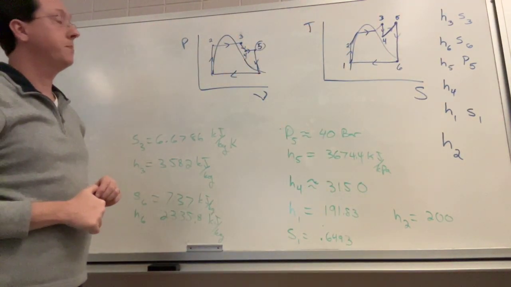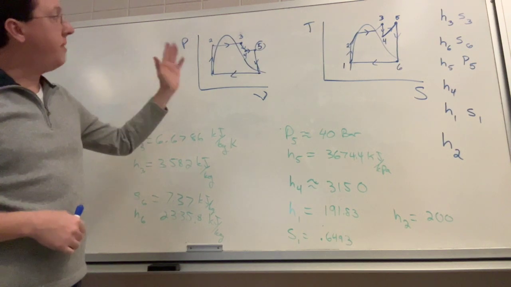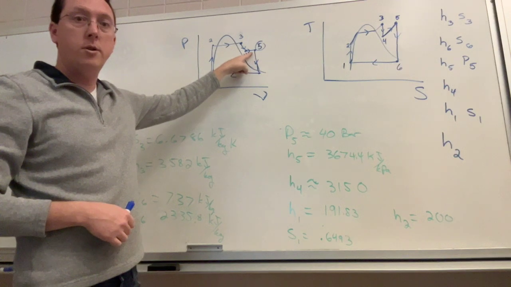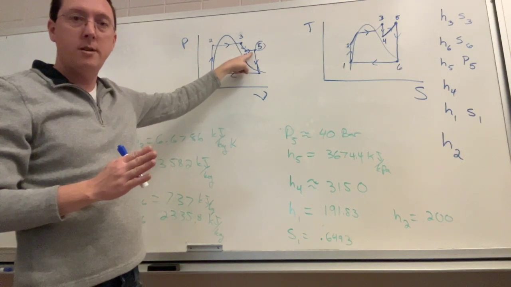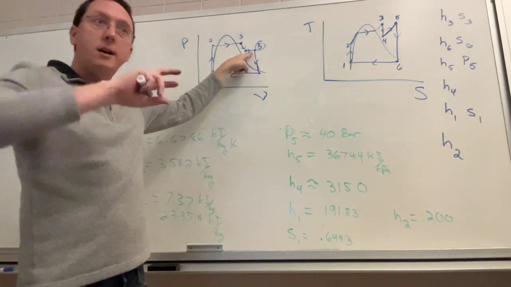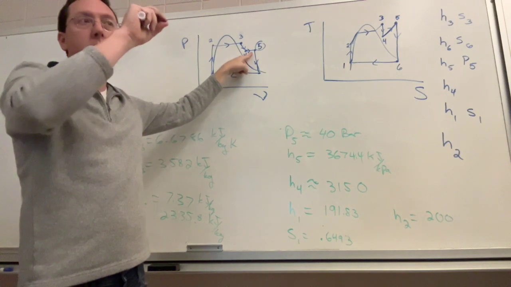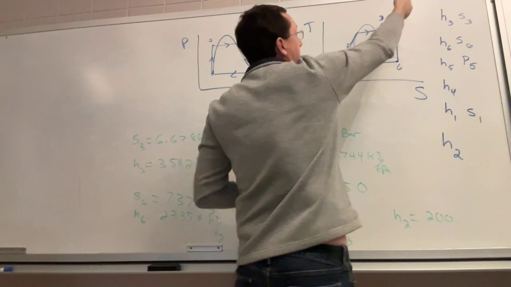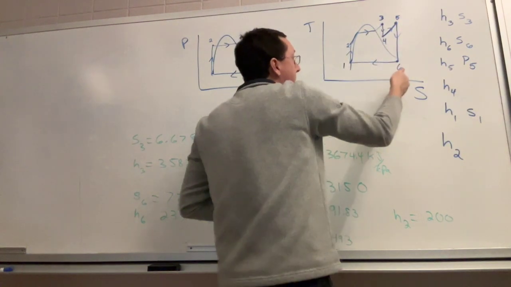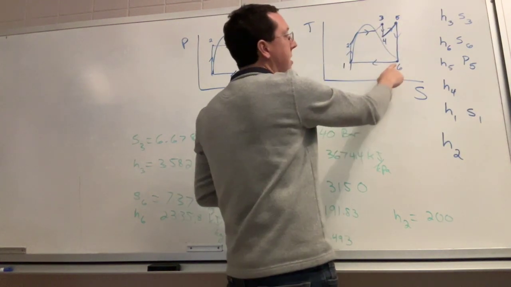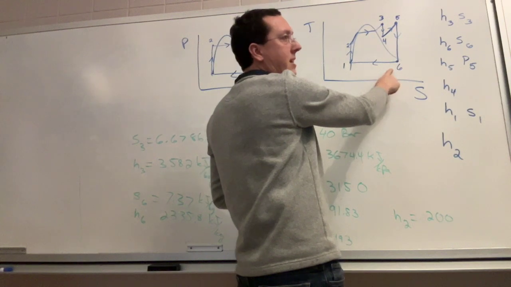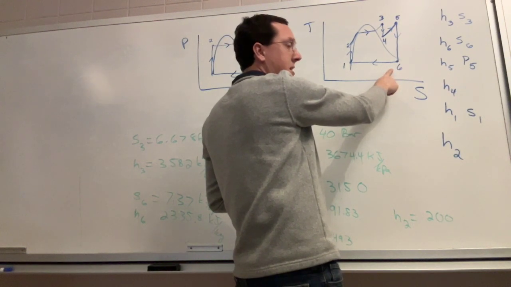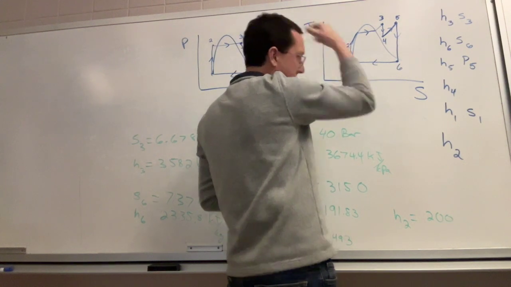After state 5, it goes through the low pressure turbine. Again, a turbine is assumed to be an isentropic device. So that means the entropy is going to be dropping straight down, and the problem tells us that the quality at state 6 is 0.896, I think is the number, just off the top of my head.